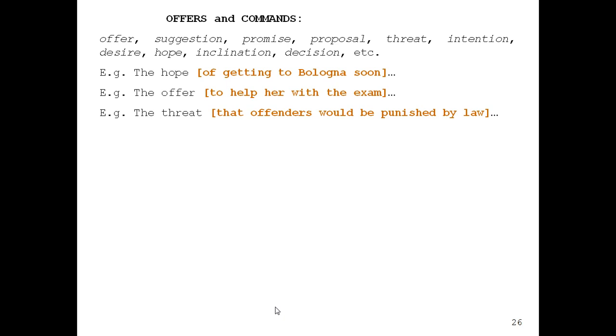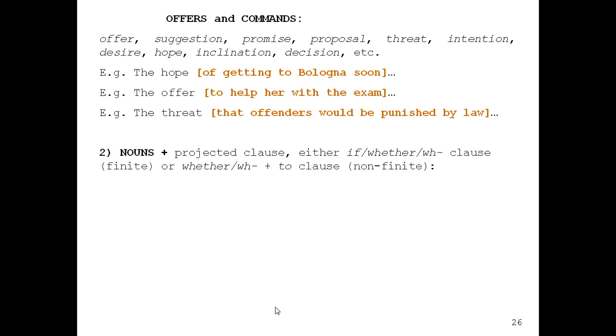And you can go on. But what counts here is that if you eliminate the clause that's shown here in square brackets, you won't know exactly what the noun means, what it refers to. That's the concept of embedding.